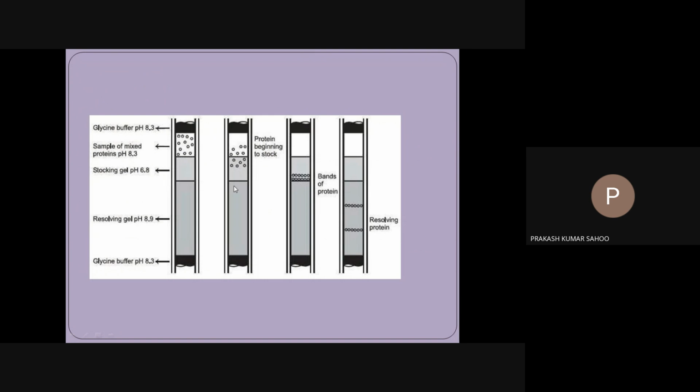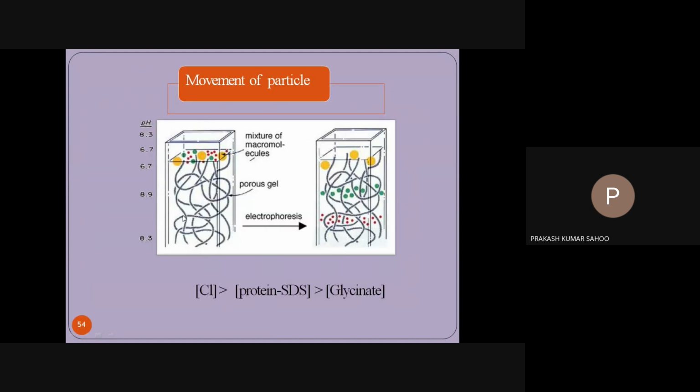So this is one view of your separation, that is a stacking gel, and this is a resolving gel. This is 4%, and this is your 15%. Then movement of the particles by the process of SDS-PAGE, that is chloride and glycinate, gets separated under different pH conditions.